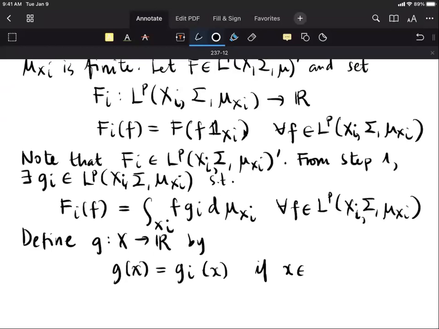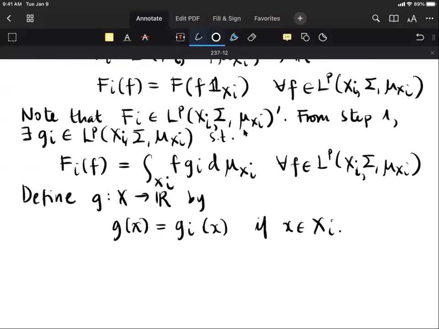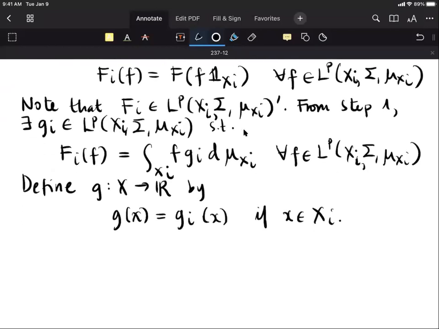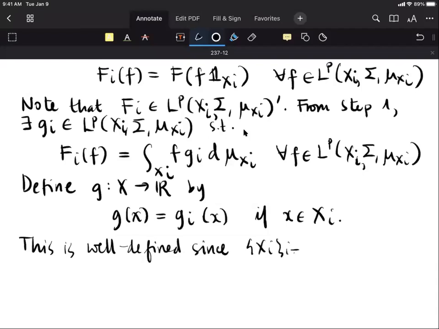If x is in x sub I, this is well defined, since this is a partition of x.